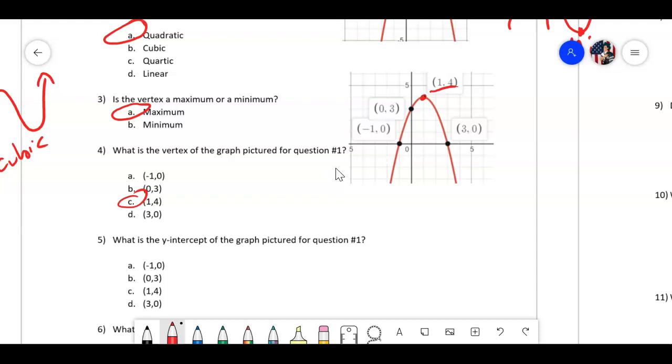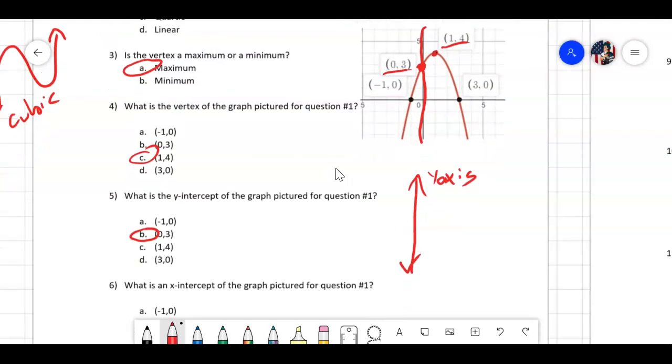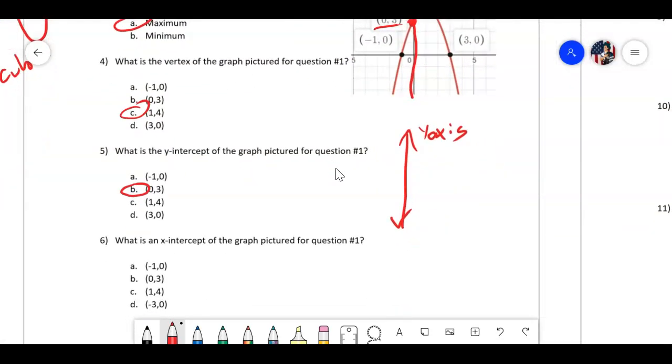All right, next one, what is the y-intercept? So remember, y-intercept is where it crosses the y-axis. So straight up and down, it crosses right there at 0, 3. And then it says, what is the x-intercept? So remember, the x-axis is from left to right.